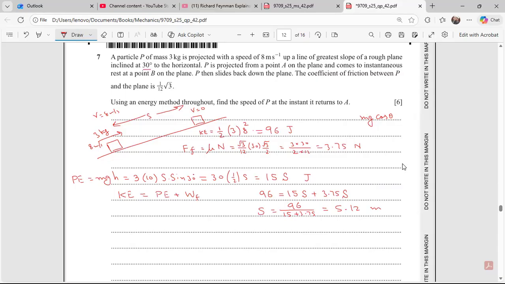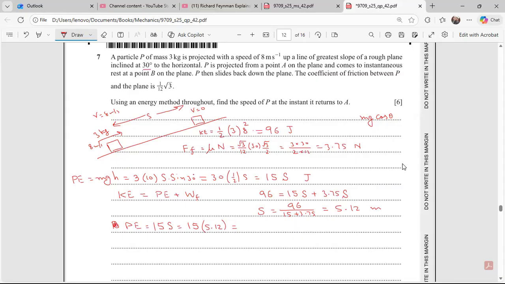Now, at this point, when it has a maximum height, what is its potential energy? As we said, it is going to be 15s. So now we know the s, I can calculate the value of this potential energy. 15 times 5.12.